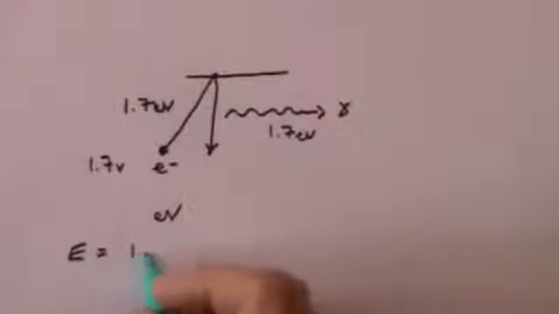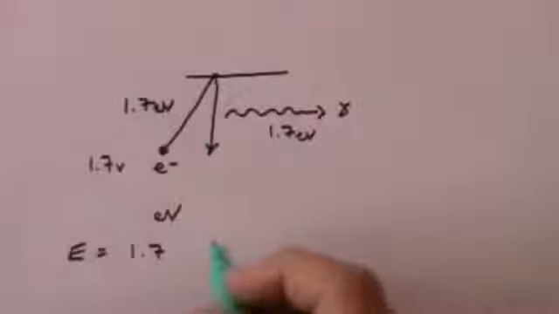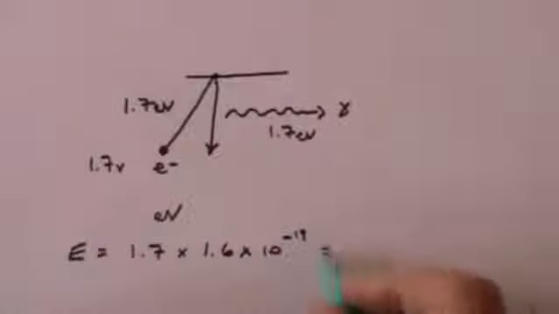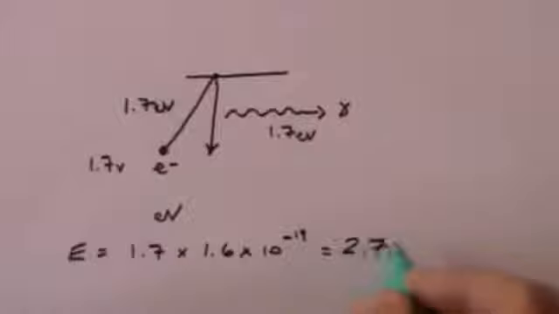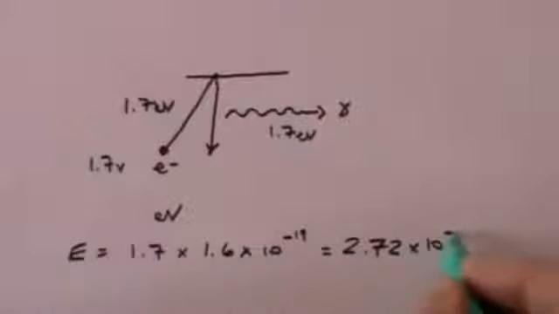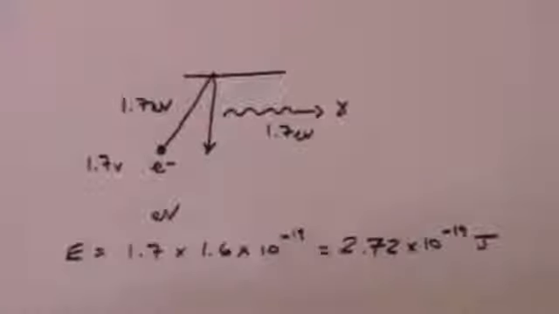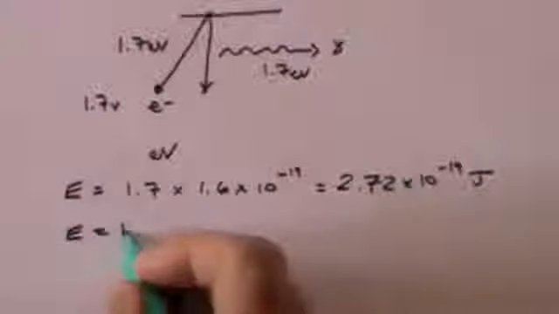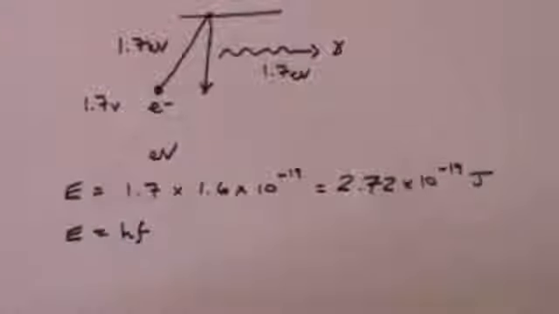So effectively you take the 1.7 electron volts and multiply that by 1.6 times 10 to the minus 19, and that gives you the energy in joules, which is 2.72 times 10 to the minus 19 joules. So now we've got the energy in the correct unit. Now we're going to use the tried and tested formula that E equals hf.